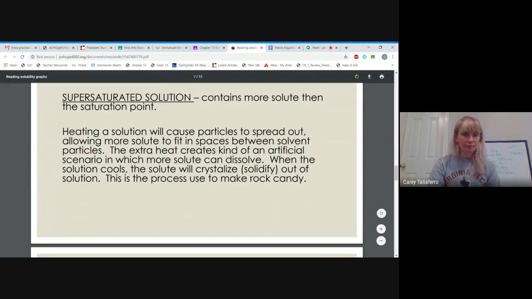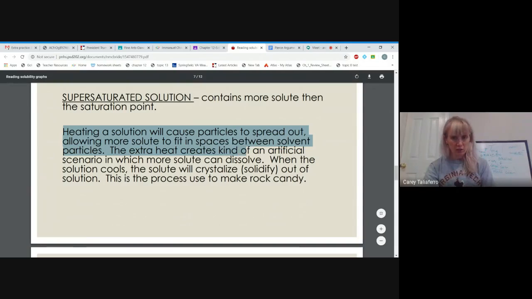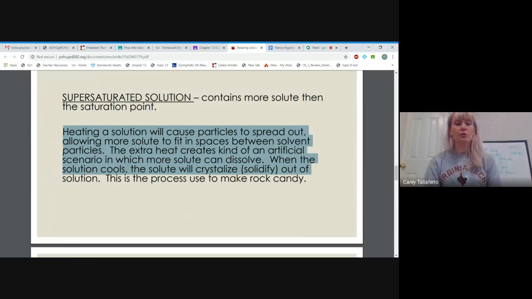Heating a solution will cause particles to spread out, allowing more solute to fit into spaces between solvent particles. The extra heat creates kind of an artificial scenario in which more solute can dissolve. When the solution cools, the solutes will crystallize and fall out of solution.